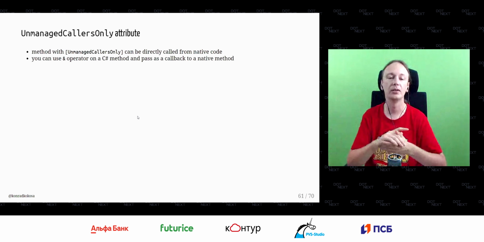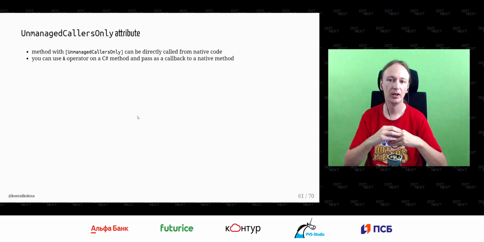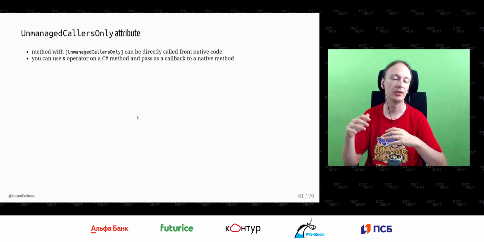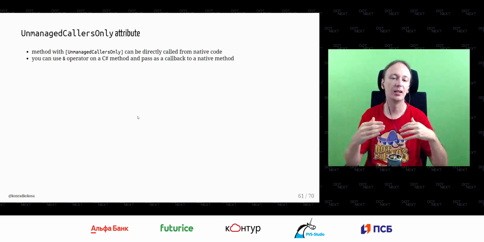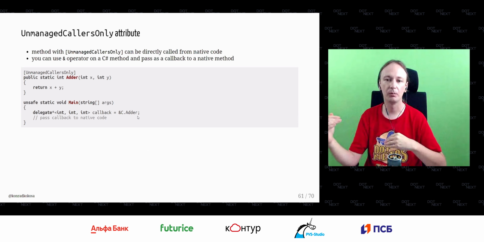It is merged, so it will be available since the .NET 5 premiere, which means that a method can be marked with such an attribute, and it means that this particular method can be directly called from native code, and then you can use the address-of operator on a C# method and pass it as a delegate, for example, to native code. So it is a very convenient attribute that allows you to use C# code from unmanaged code.